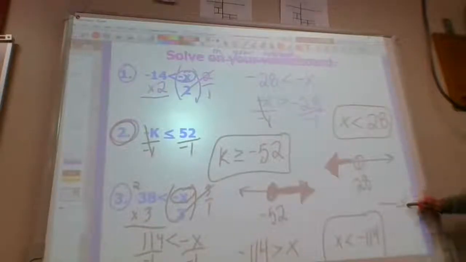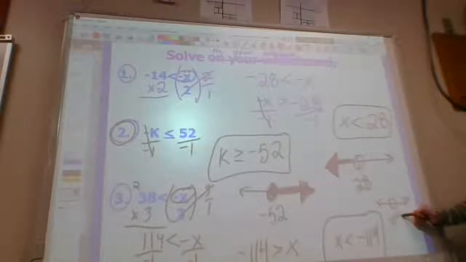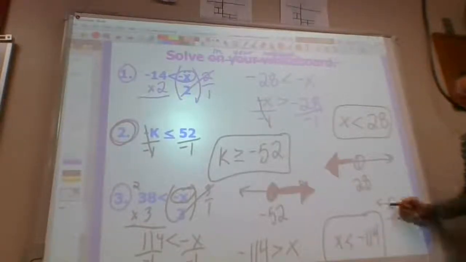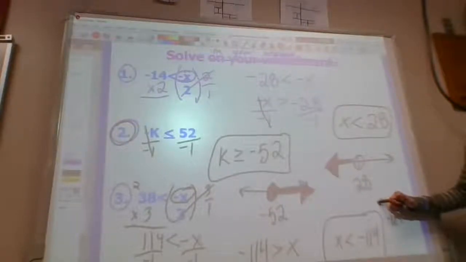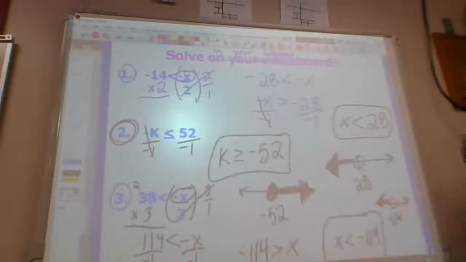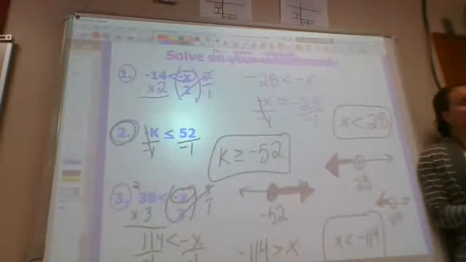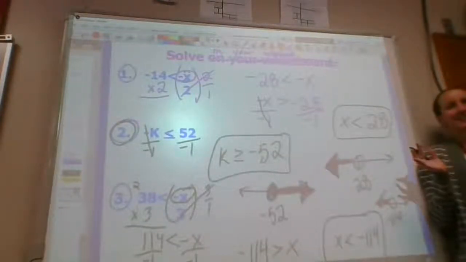And then when we graph that, is that going to be an open or closed circle? Open, because there's no equal sign underneath. Okay, and then it's going to the left. That is the best arrow I have ever seen. Did I lose anyone? No, I got it right.